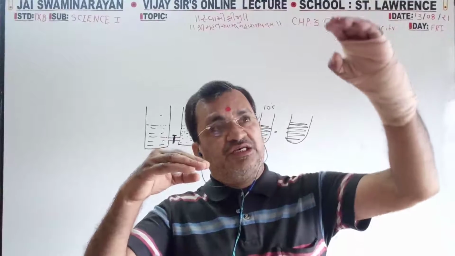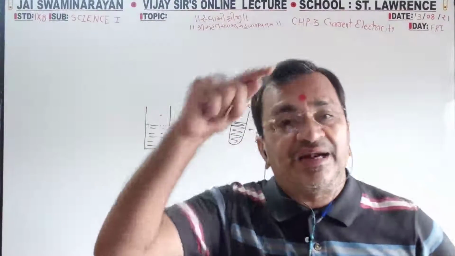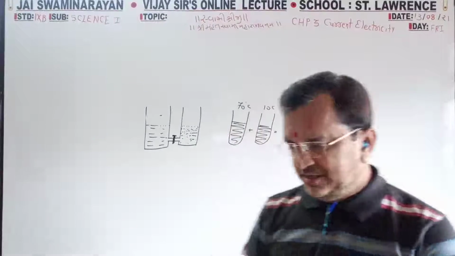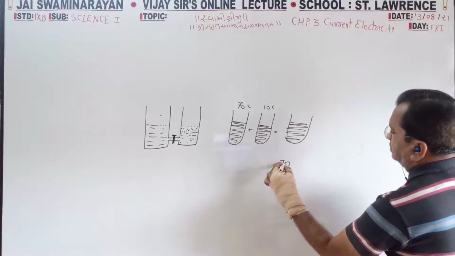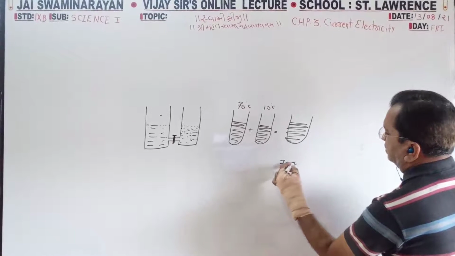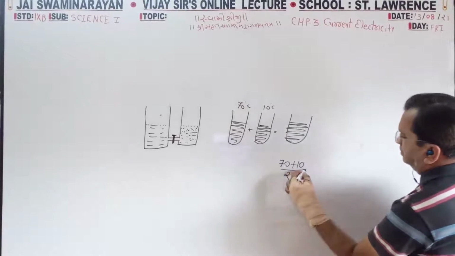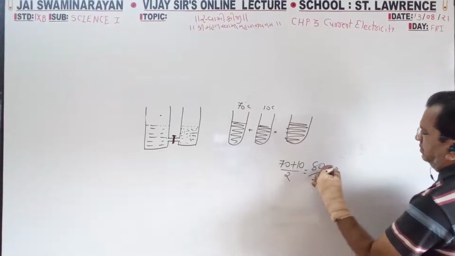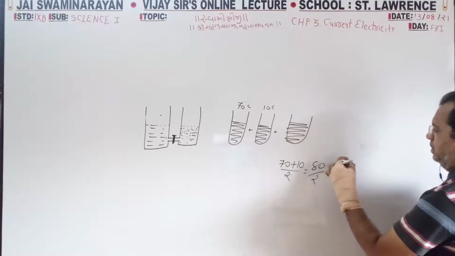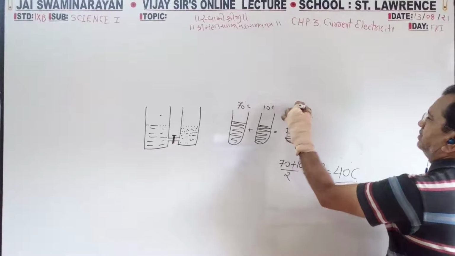Heat energy is released, heat energy is gained, again flow from higher level to lower level, and it will be 70 plus 10 divided by 2, 80 divided by 2, this will be 40 degree.